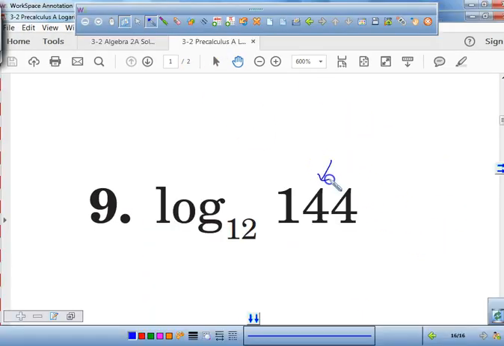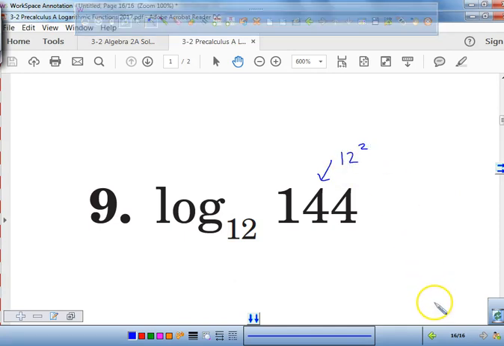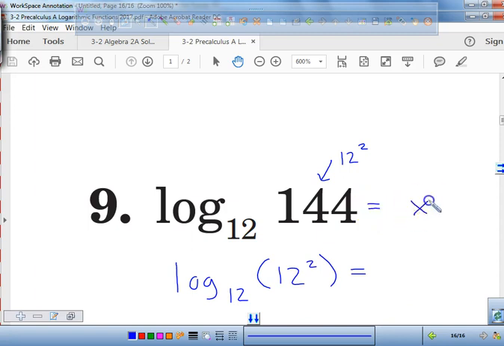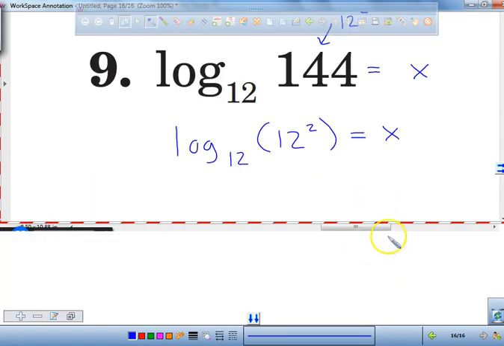Everybody? 144 can also be rewritten as 12 squared. So I want you guys to rewrite number 9 as log base 12 of 12 squared, and set it equal to x. And then I want you to go around the world and change it from logarithmic form to exponential form.